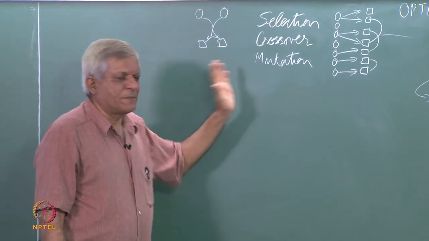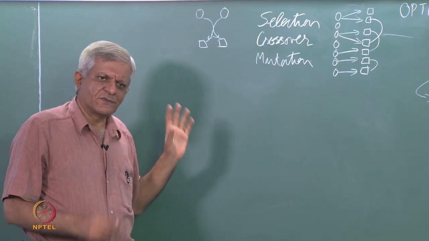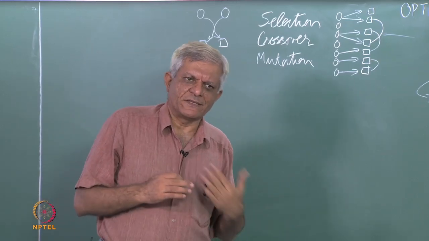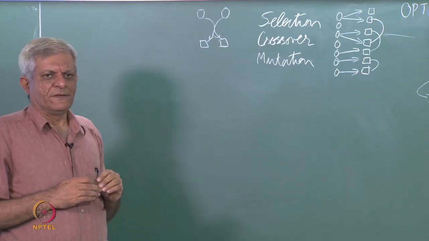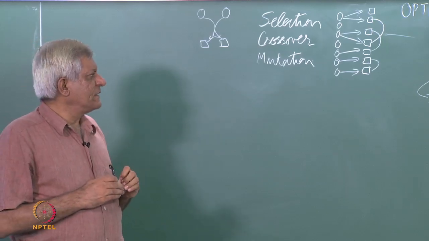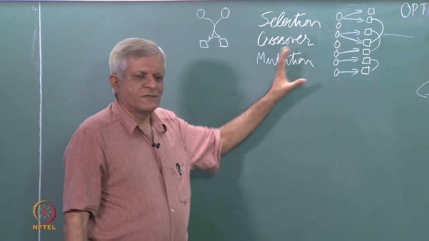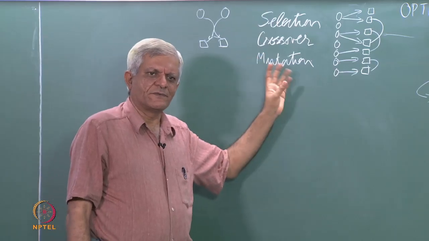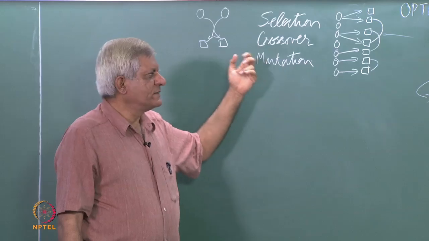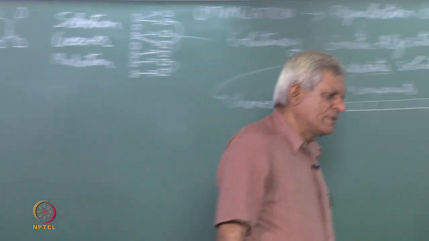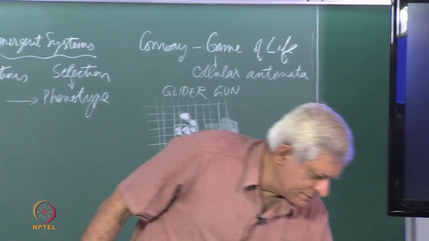So, let me take an example to illustrate how genetic algorithms work, and then we will come back to discussing what are the issues that you have to decide upon when you are using genetic algorithms for optimization. This is an example which I am taking from this book by Goldberg.